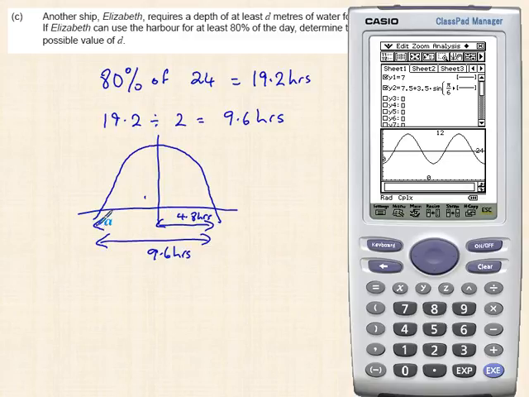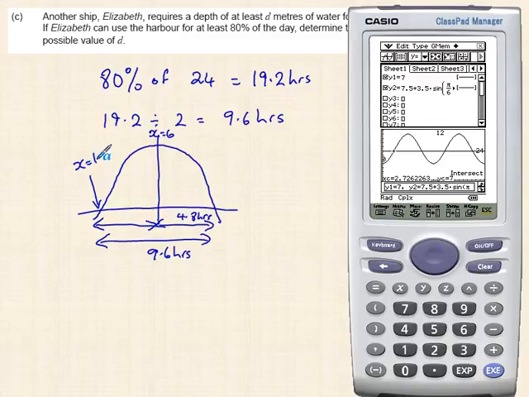And the same here. This first maximum happens when the time is 6. So this one here is 4.8 less than that, so at 1.2.